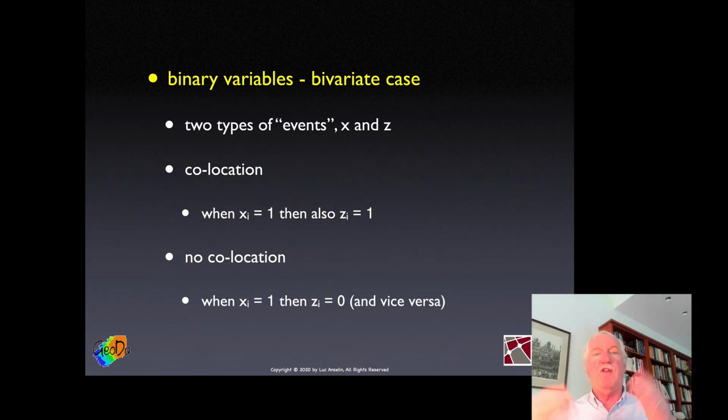Here we have every block. So every block either has a 1 or a 0 for assaults and vehicle break-ins. But there's no reason that you couldn't have both an assault and a vehicle break-in in the same location. So that's what I call co-location. If Xi equals 1, then it's possible to also have Zi equal 1.